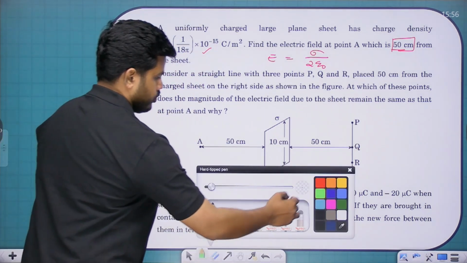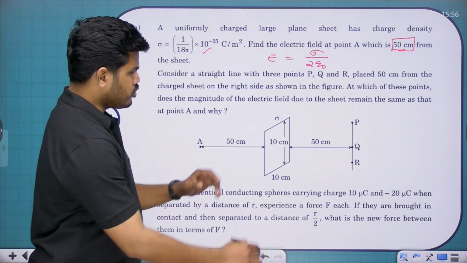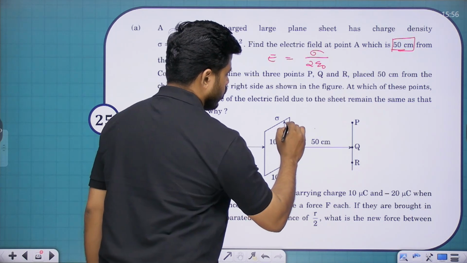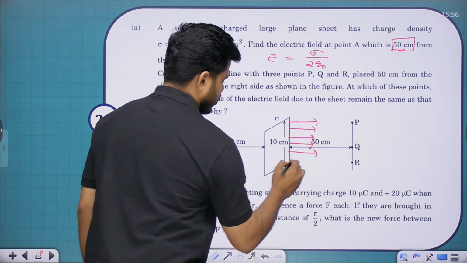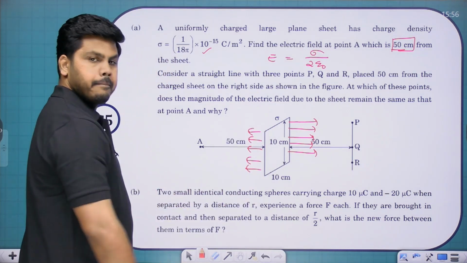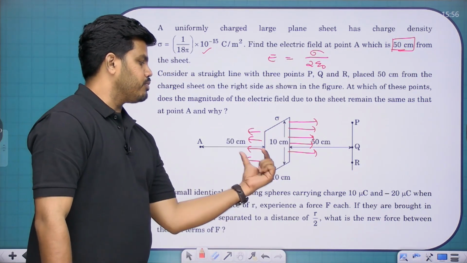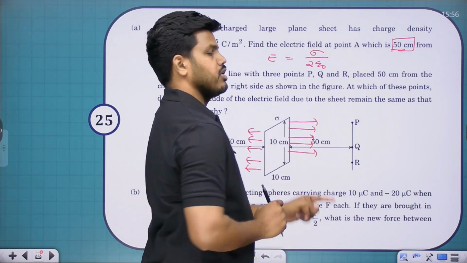We considered an infinitely large thin sheet so that it produces uniform electric field, right? Around it, here also there will be uniform electric field in this direction. Yes. But look at the size of that sheet. It is 10 centimeter and you are going 50 centimeter away from it.